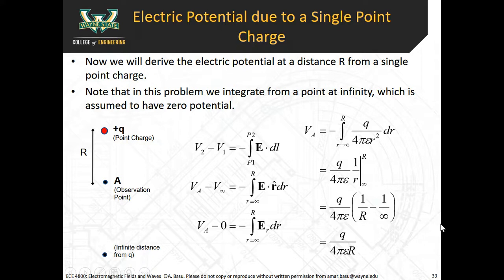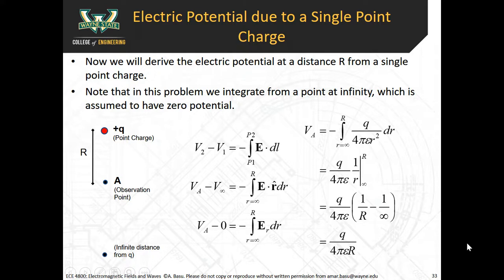Notice what I'm doing here again. I'm taking the lazy approach. If I were to be mathematically rigorous, instead of just throwing in an infinity here, I would do the limit as the variable goes to infinity of this equation. As engineers, sometimes we just like to throw in that infinity there. So then you're left with 1 over capital R minus 1 over infinity.